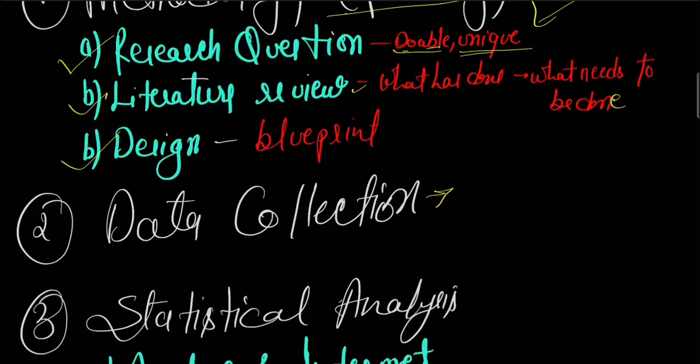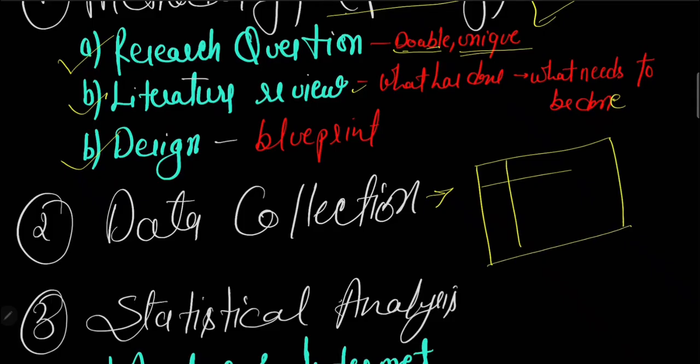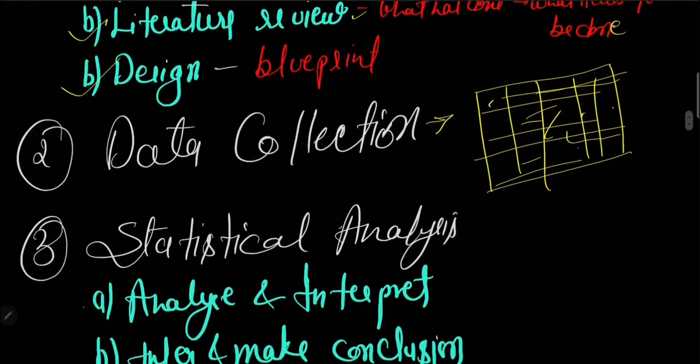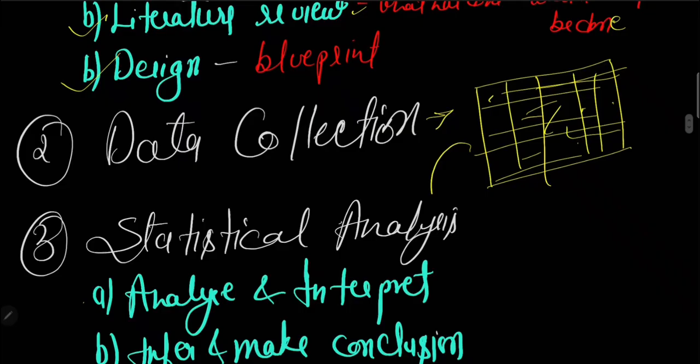Many techniques are there for data collection. When we have collected the data, we put it in an Excel sheet. Suppose this is the Excel sheet; here will be your variables and your data.